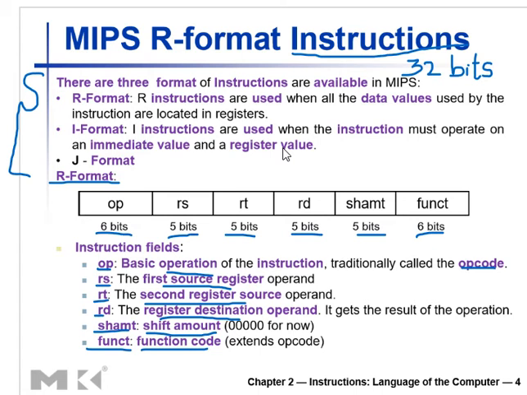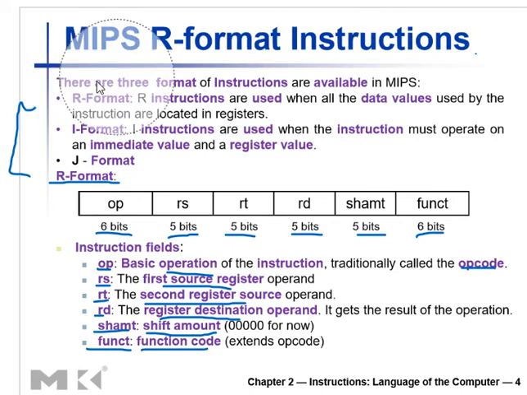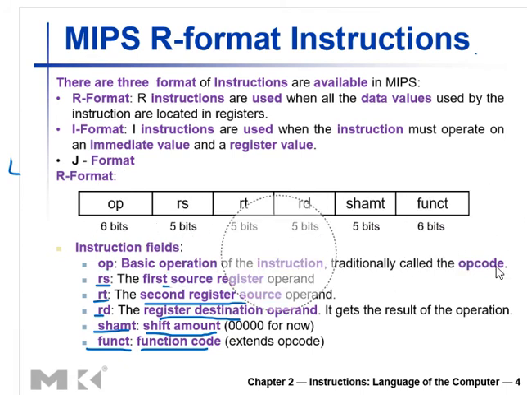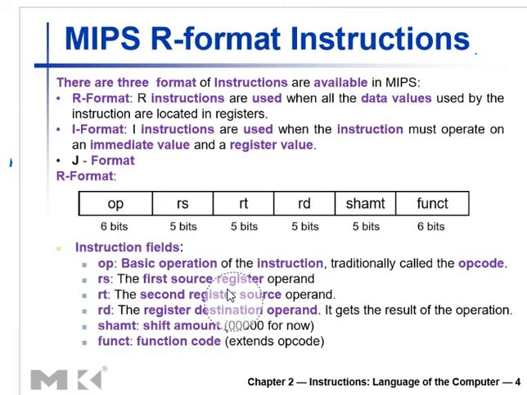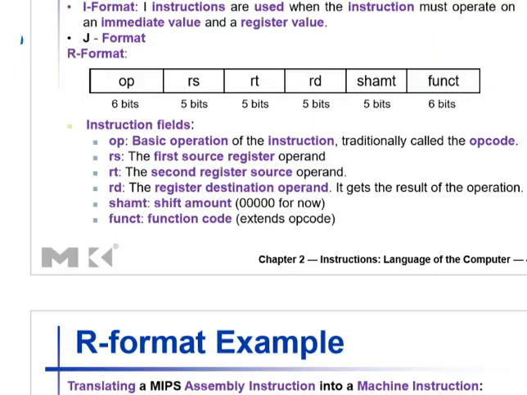There are many fields: opcode, RS, RT, RD, shift amount and function code. Let's look at them in detail using an example. You may have to remember the sequence of the fields, which comes first, how many bits are used, etc.